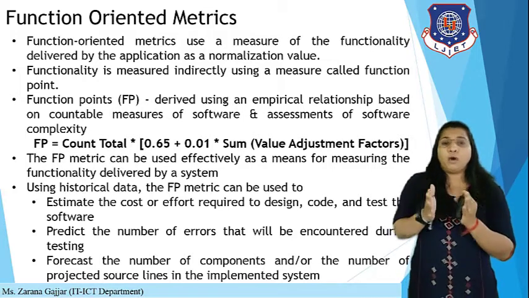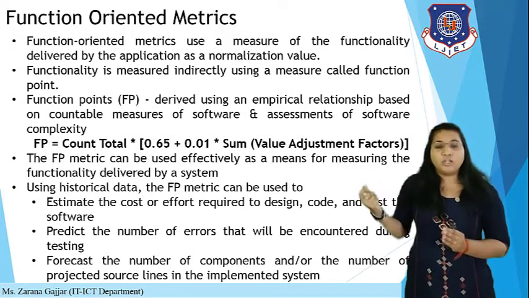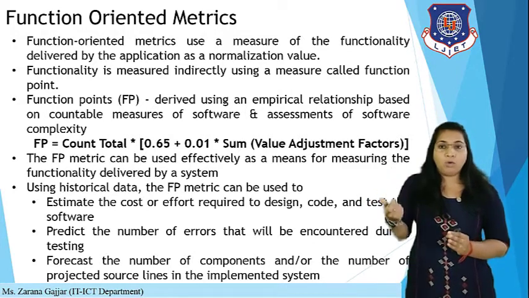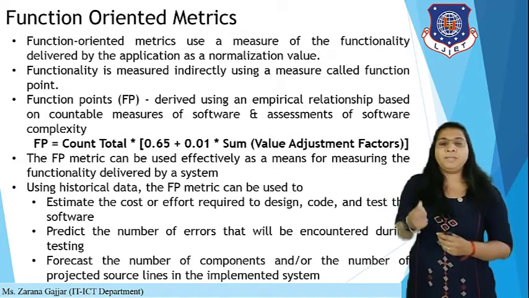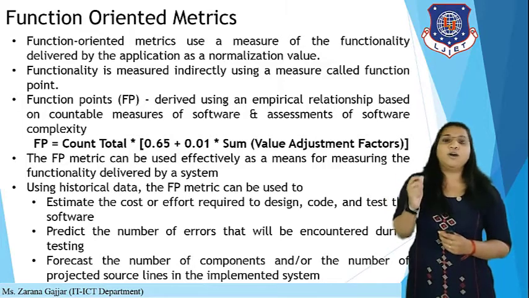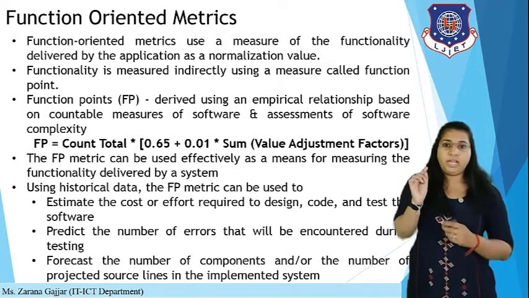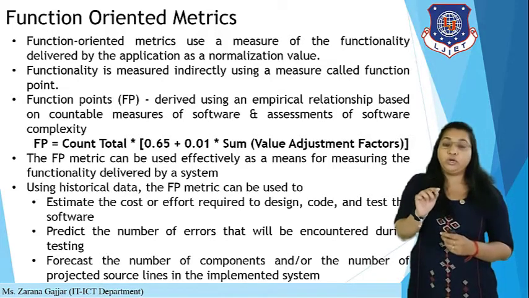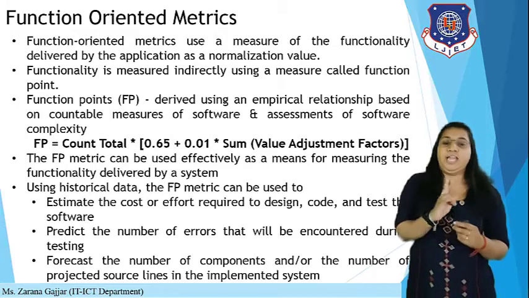For calculating FP there is a formula: FP, that means function point, equals count total, where count total means UFP, the unadjusted function point, multiplied by the remaining part, 0.65 plus 0.01 times the summation of the value adjustment factors, that means VAF.